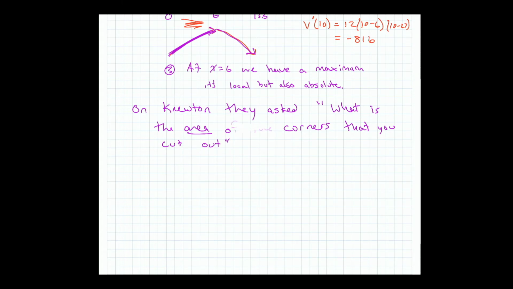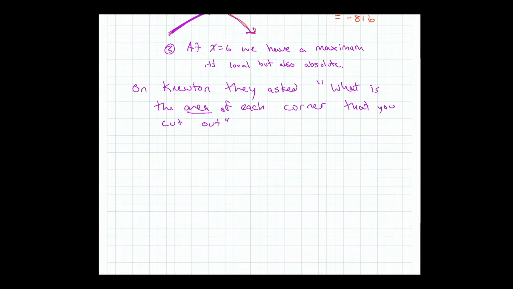Actually, the area of each corner that you cut out. You don't add them or something. What is the area of each corner that you cut out? That's what they want.